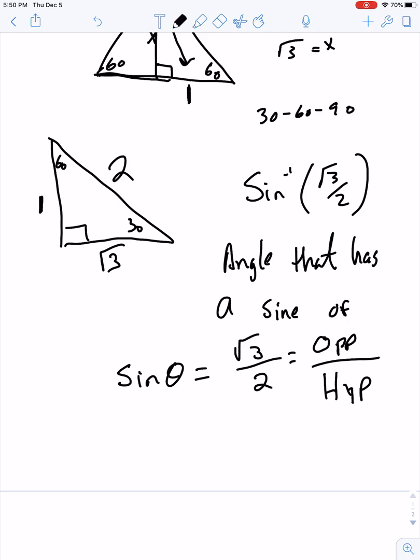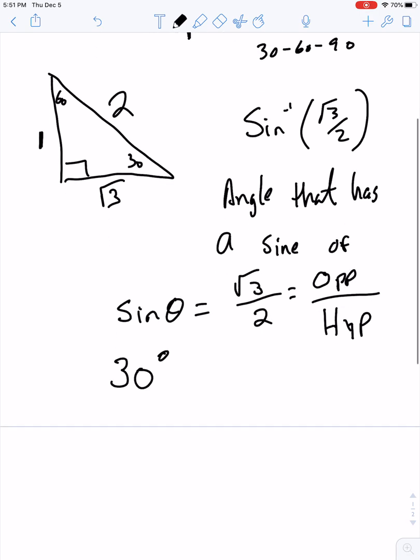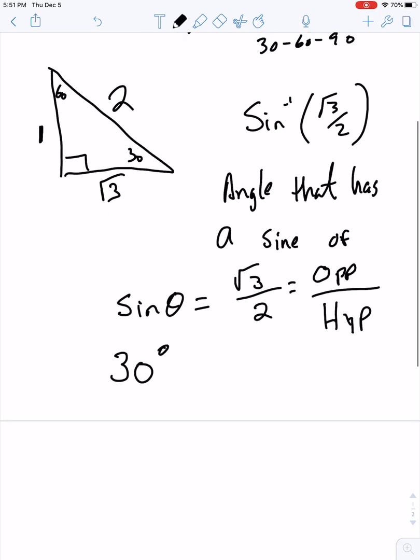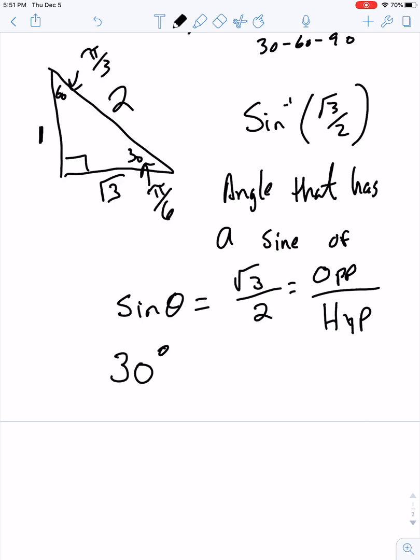If the question wants the answer in terms of pi, we can just convert degrees to radians. So 30 degrees is pi over 6 radians, and 60 degrees is pi over 3 radians.